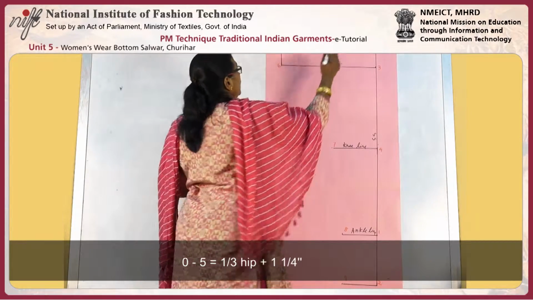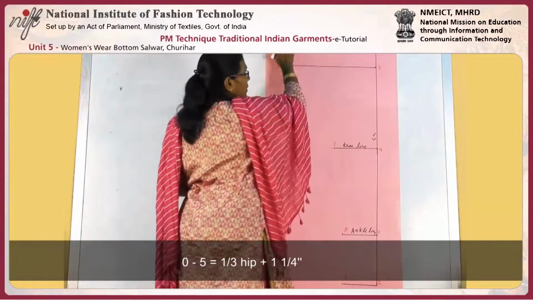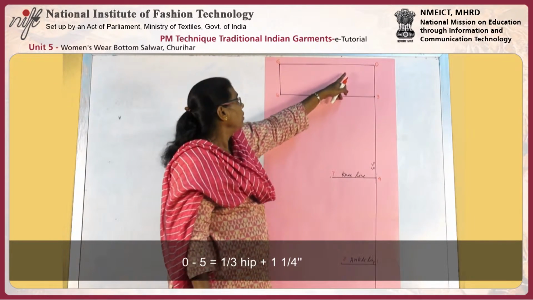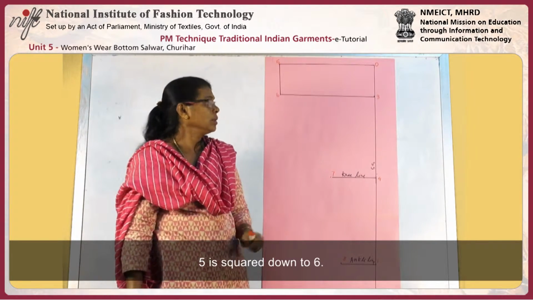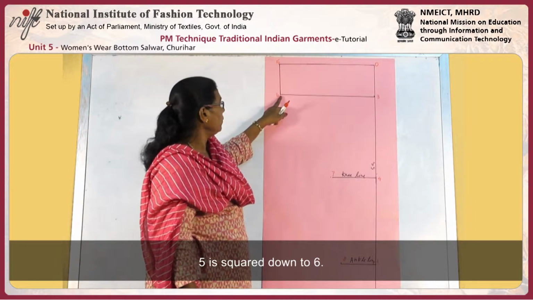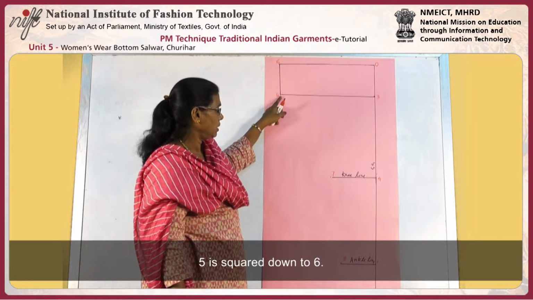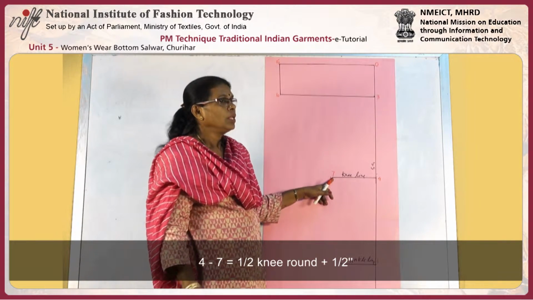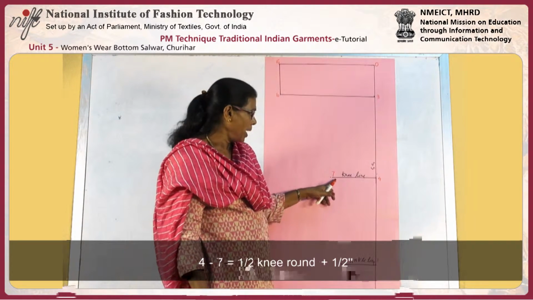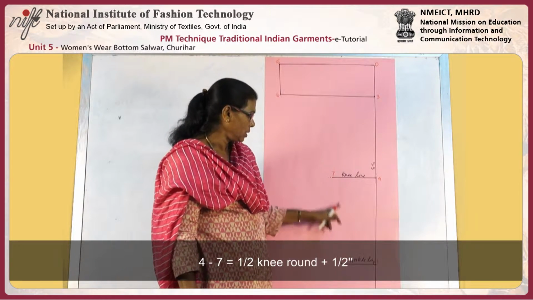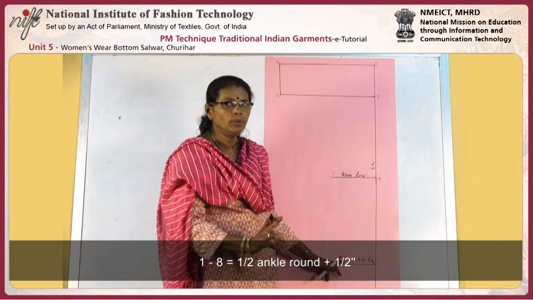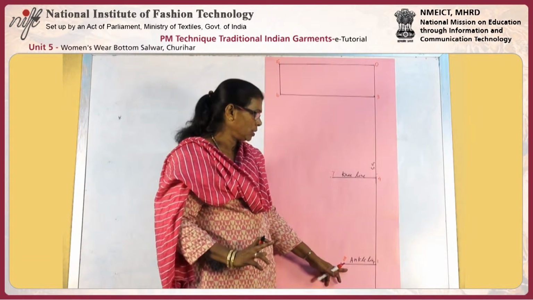Now 0 to 5 is hip by 3 plus 4 inches, and square down 5 to 6, and 4 7 is equal to knee round by 2 plus quarter inch, and 1 8 is equal to ankle round by 2 plus quarter inch.